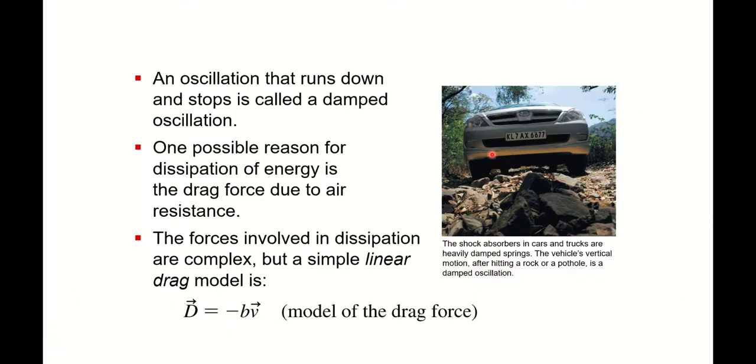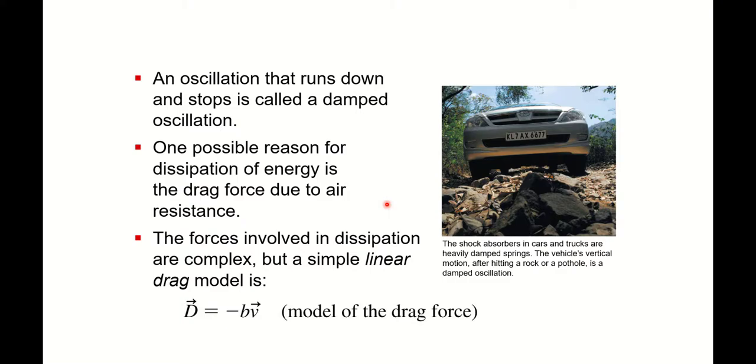Another example of a damped oscillator is if you think about your car's suspension, right? If you drive over a bump or something, you start to bounce up and down in the car, but it stops pretty quickly. It doesn't keep bouncing the whole way up the highway or anything like that. Now, the process of that damping can be pretty complicated. You can have intentional dampers in there.